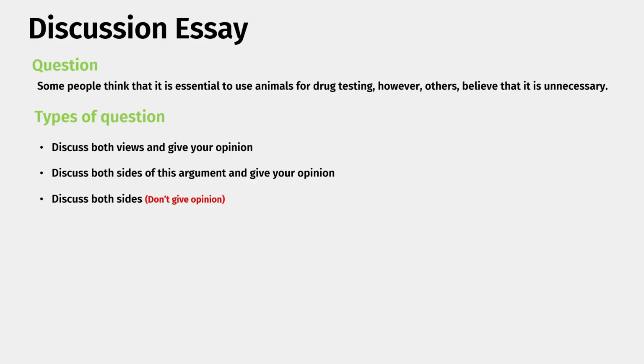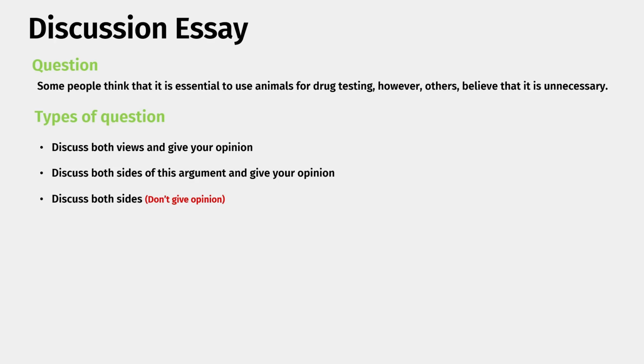There are two views, two opinions. For example, in this question there are two views. Some people believe in drug testing on animals and some people are against it. That means there are two opinions, two views. So whenever in the first line of the question you see two views, that means it's a discussion essay.